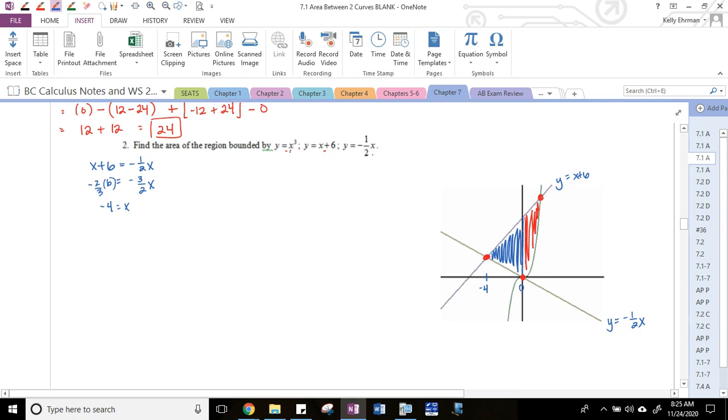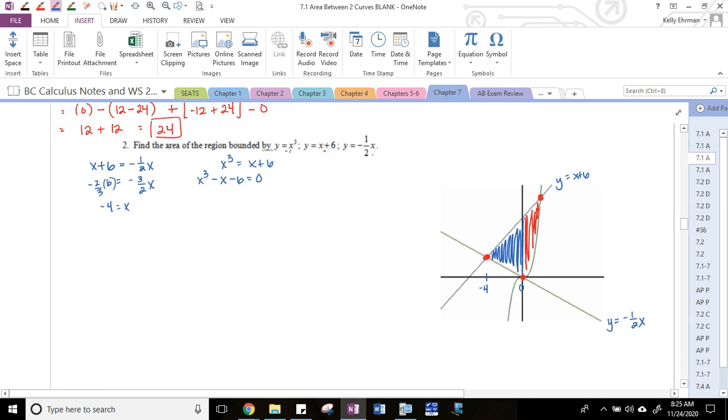And then when does the line x plus 6 intersect the x cubed graph? So when is x cubed equal to x plus 6? This is a polynomial. I can't factor it. So remember, we've talked about this before. It's not complete guess and check because your possible answers here are factors of 6 divided by factors of 1.